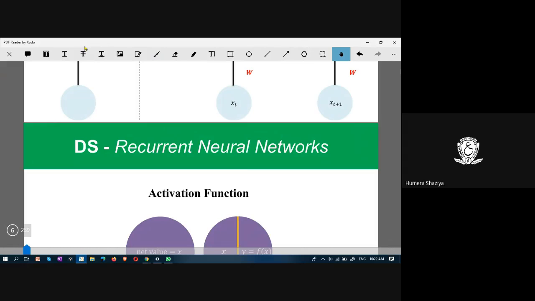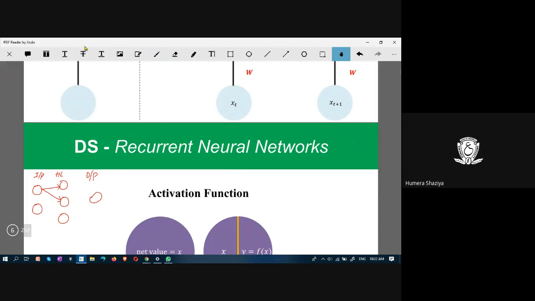A normal neural network will have an input layer. Say there are two neurons in the input layer, and hidden layers. Say there are three neurons in the hidden layer, and an output layer. Consider that there is one single neuron. The architecture looks like this.